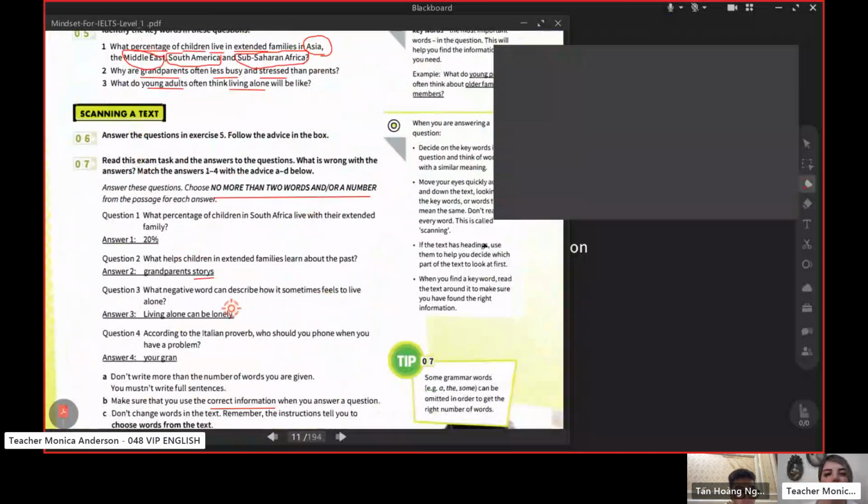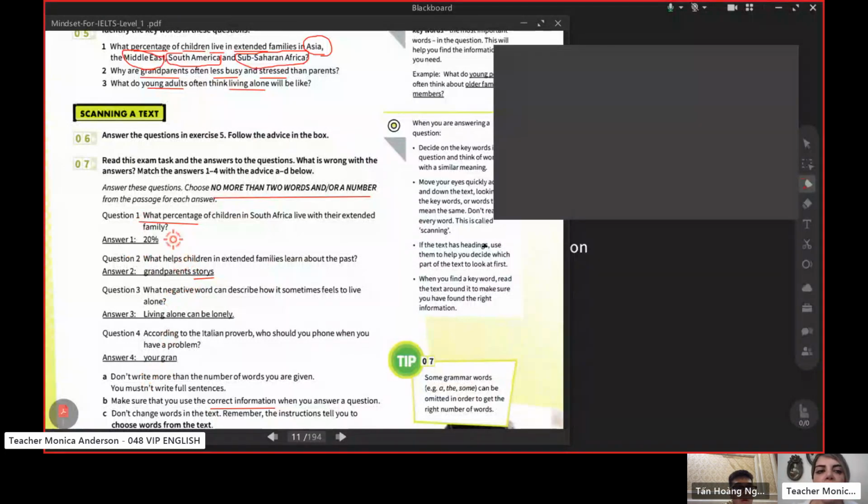Look at this question. We want to know what percentage. So we need to give only the percentage. We can't say, I don't know, it's about, or it's a few, it's a little. We need to give a correct answer, just the number, because of the question.